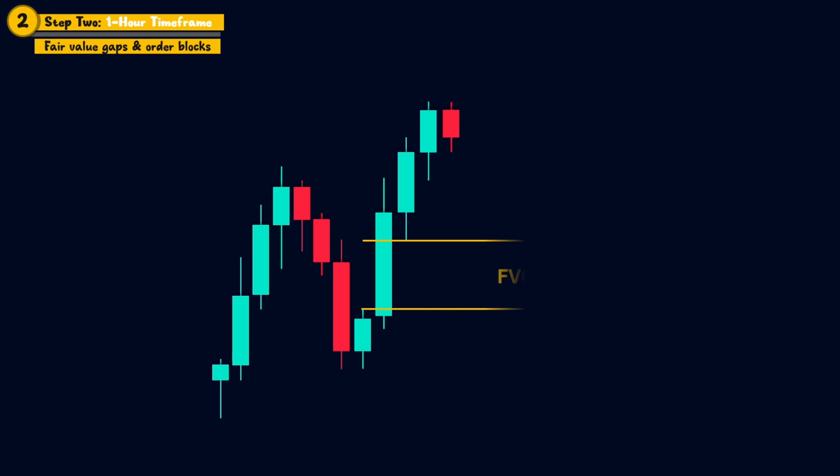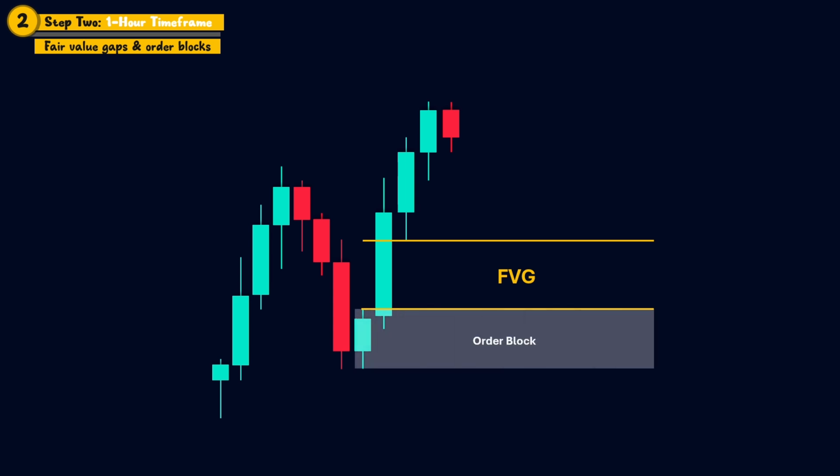A fair value gap refers to the space between the wicks of 3 consecutive candles on a price chart. Additionally, we treat the candle that created this gap as an order block, as this is where decisions were made. It indicates a buy-side imbalance, where buying pressure significantly outweighs selling pressure, often due to institutional activity.